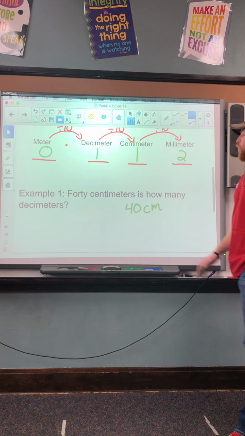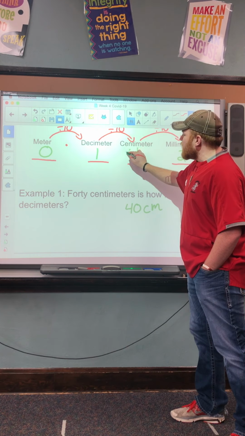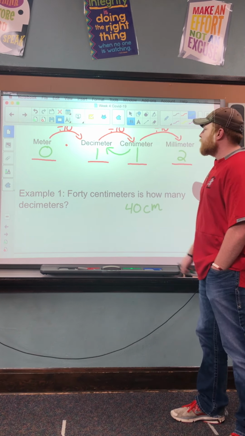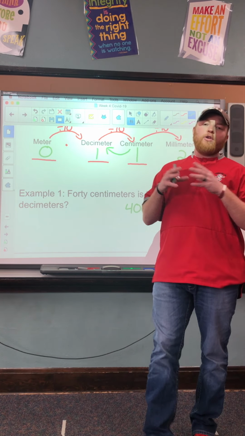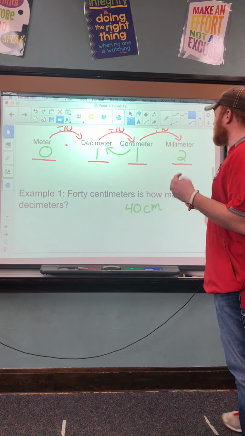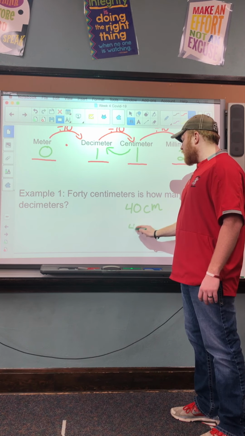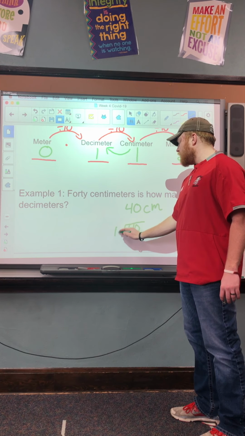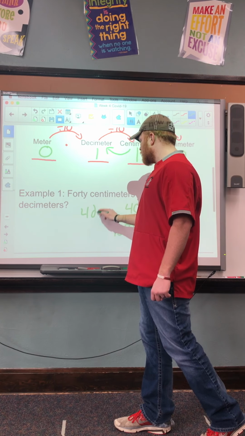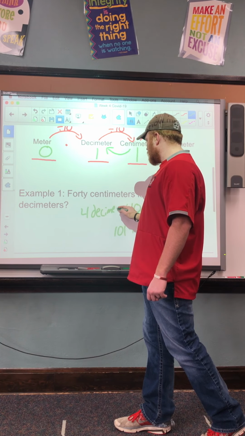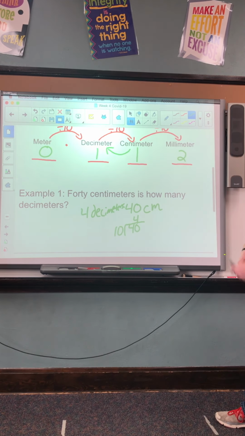If we go from centimeters to a decimeter, we're going from a smaller unit to a larger unit, so we're going to divide by 10. So 40 divided by 10, you should get 4 decimeters. Okay, that's how you do example 1.